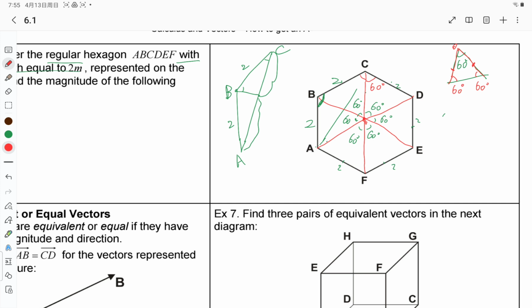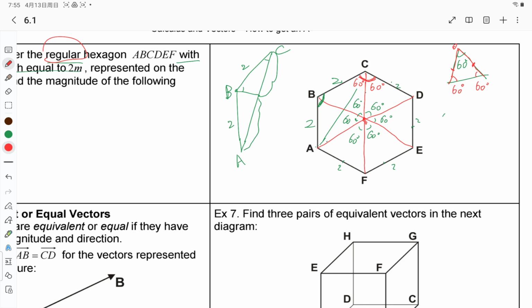Because it's a regular hexagon, and the sizes of the hexagons are the same, and each of these diagonal sides are the same, so this would be 60 again, and then this whole angle, we know it, right?